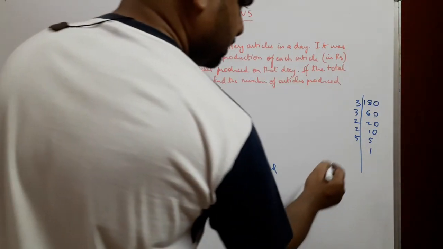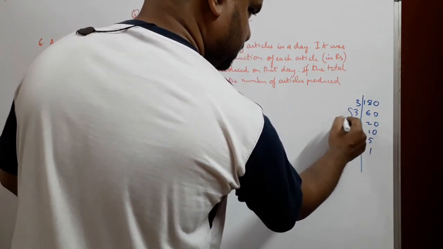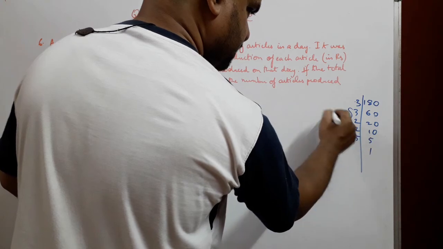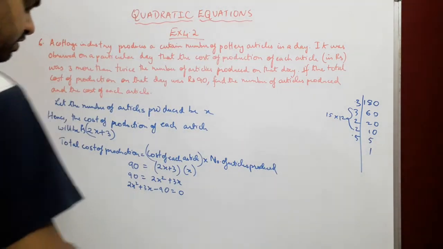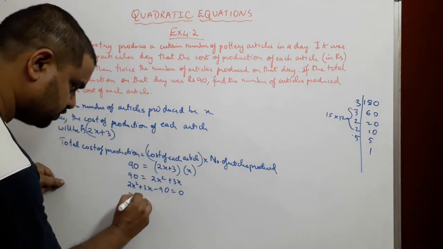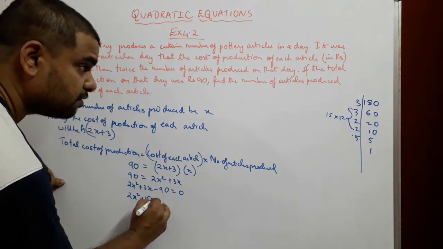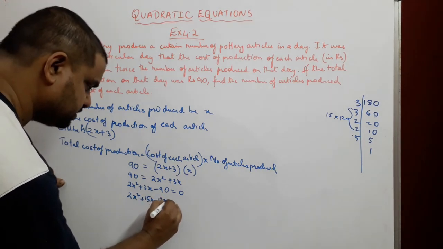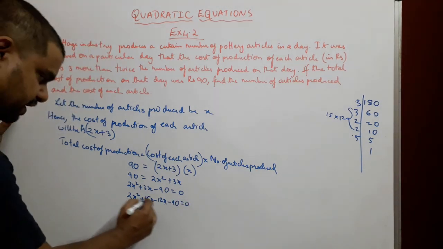So let's see how we'll get. Yeah, so we'll take this 3 together, 2 2s are 4, 4 3s are 12, and 3 and 5 will take, so it will be 15 into 12. We get 180. So put it over here. So we get 2x square plus 15x minus 12x minus 90 equal to 0. Okay, so here we'll take x common.